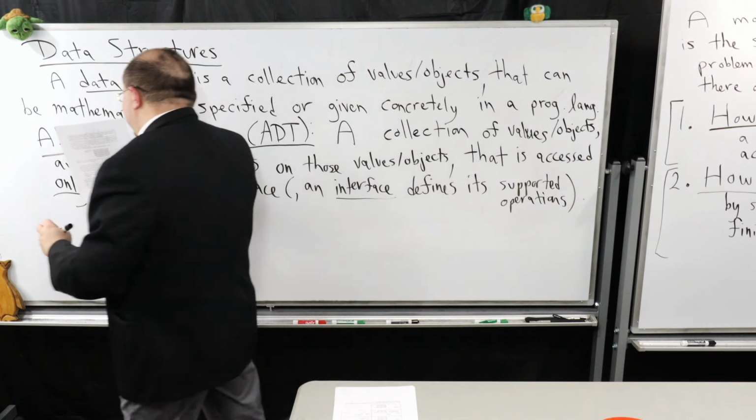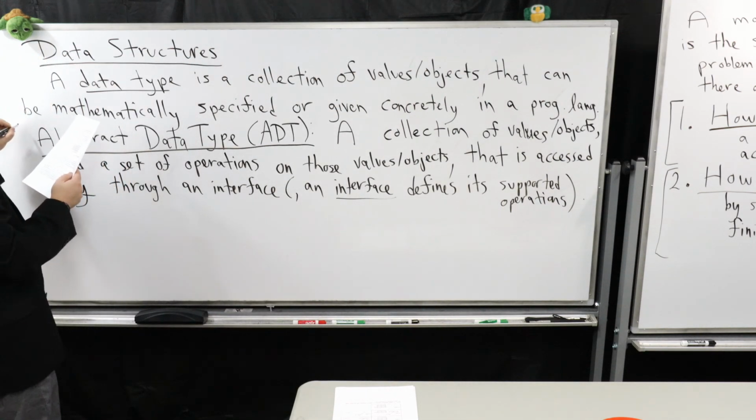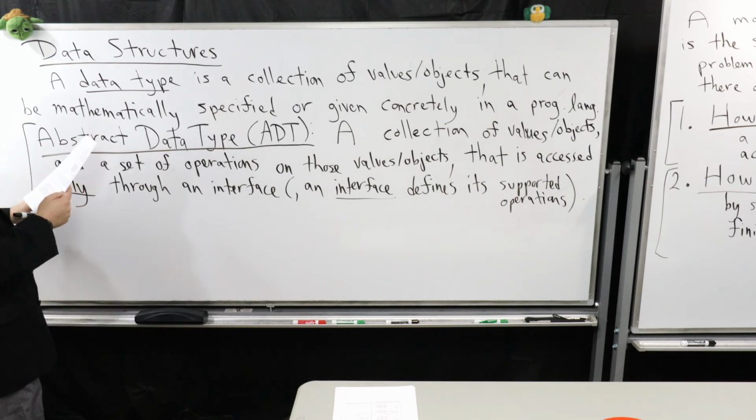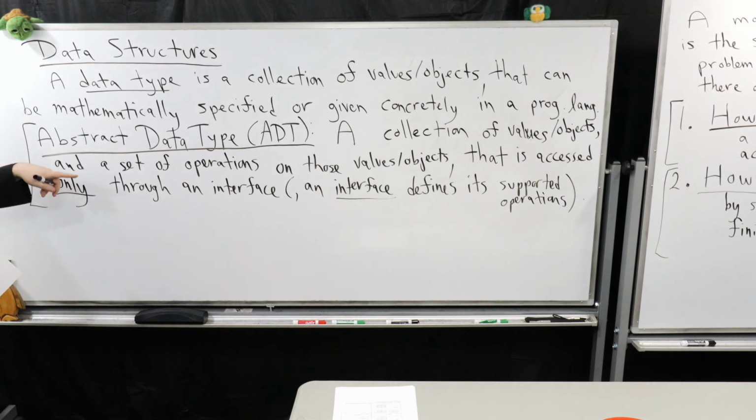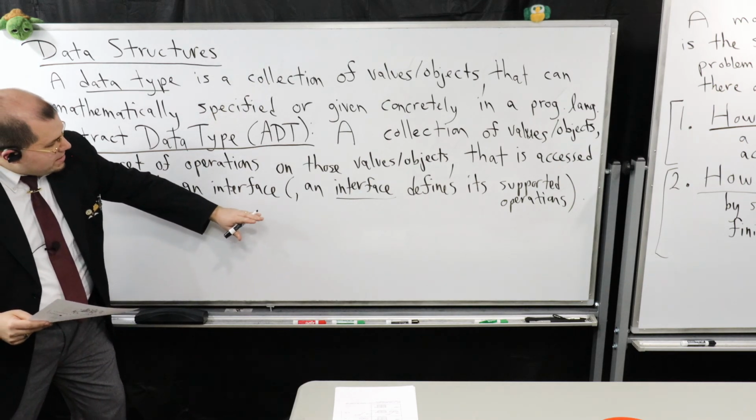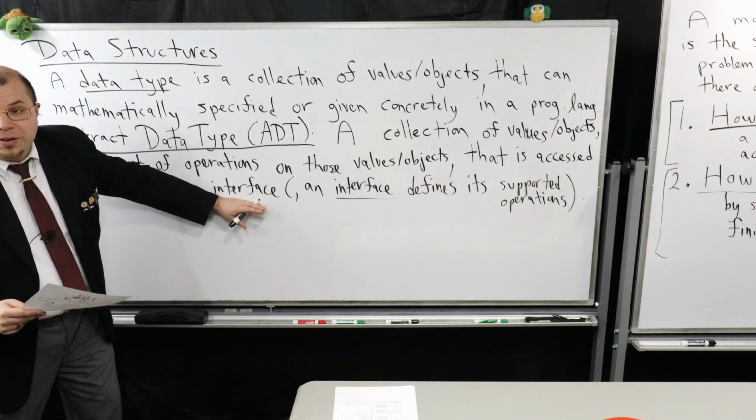Just a couple things I want to point out about that, mostly things I just said a moment ago. The big thing I want you to notice is that it's only accessible through this interface. Don't worry too much about the technical details for now.